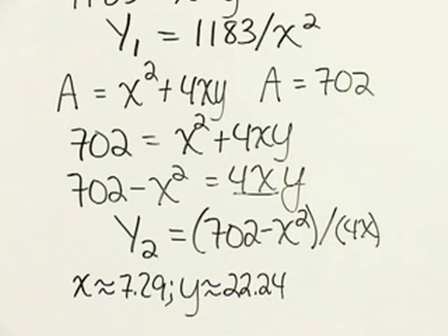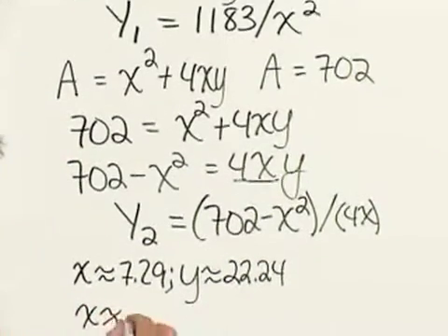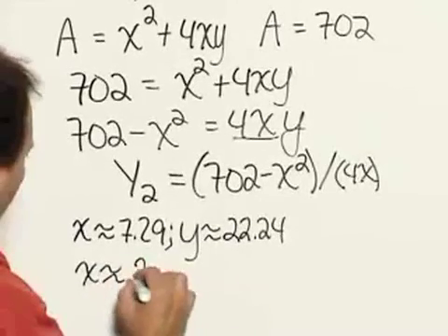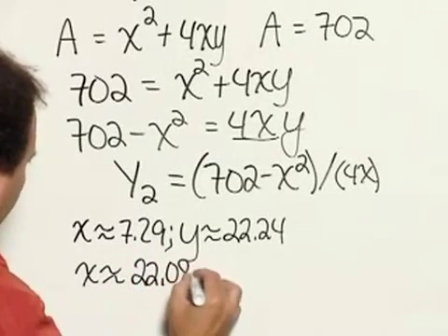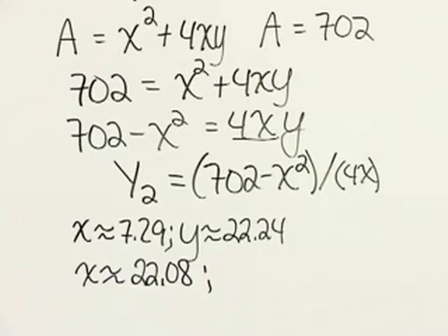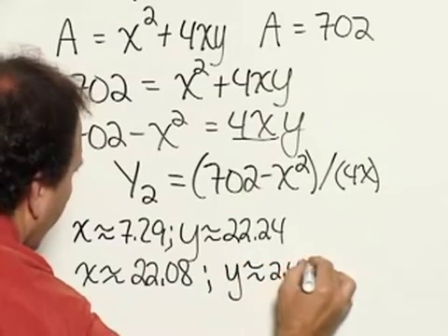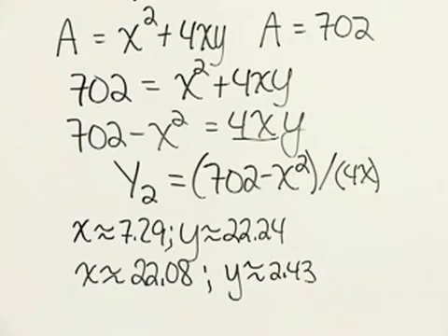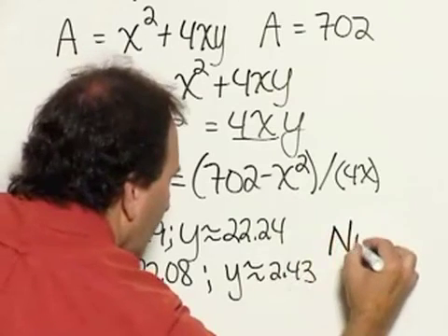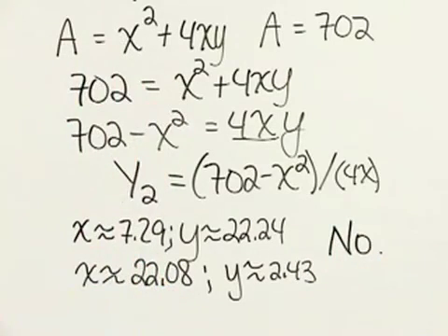The other solution, the other point of intersection, was x is approximately equal to 22.08, and the y value is approximately equal to 2.43. Now they ask us, is our solution unique? Well, you can see that we've come up with two possible solutions, so no, it is not a unique solution.